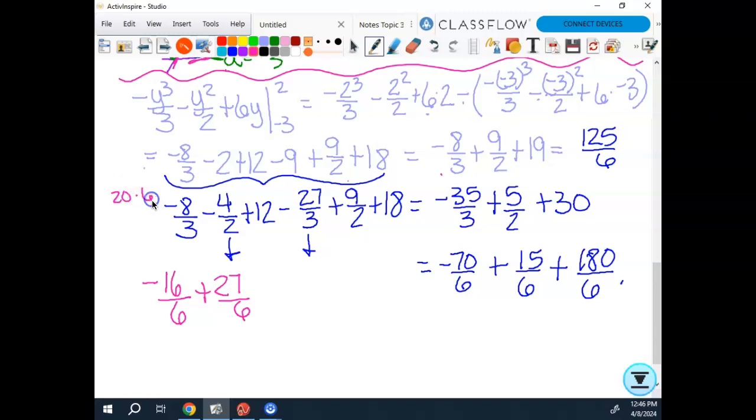It's 120. That's 20 sixes. I only want 19. So I take my 120 and I subtract 6, and that gives me plus 114 over 6. You can do it the other way too, but hey, whatever works for you, okay? And then you combine all that, you're going to get 125 over 6.